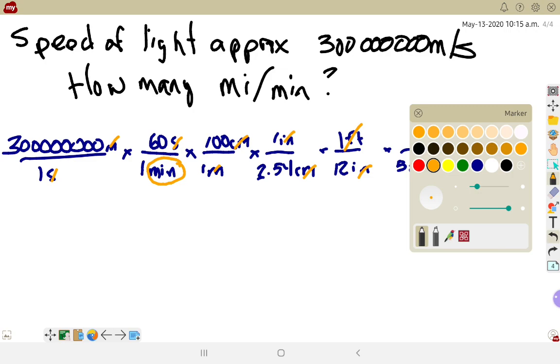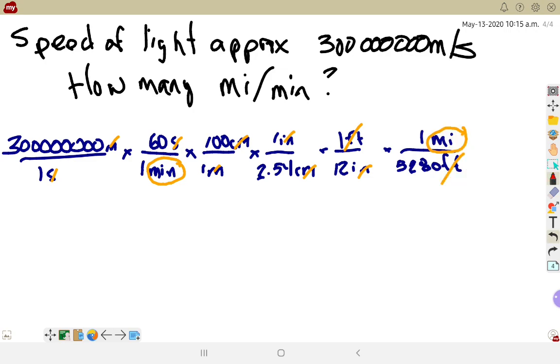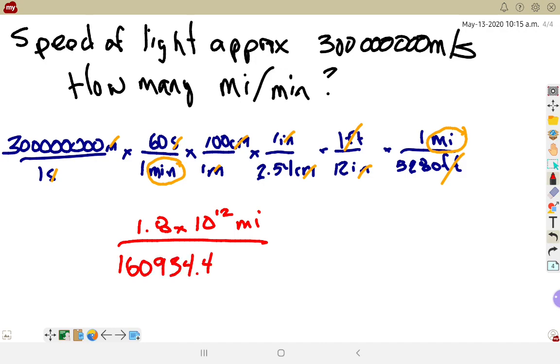Great. Okay, so if you were to go through and do this multiplication, the numerator would give you something nice. It gives you 1.8 times 10 to the exponent of 12 miles. And then the denominator, not as nice of a value. So we get 160,934.4 minutes.